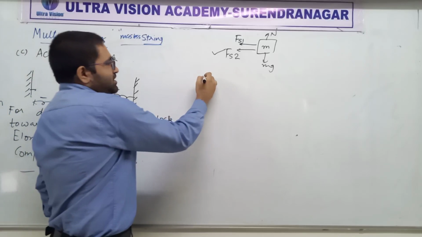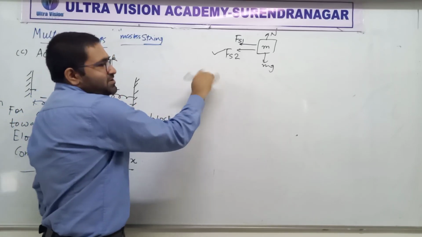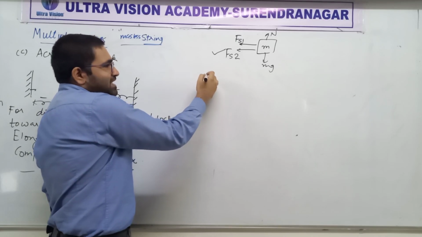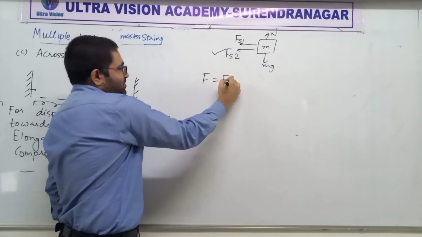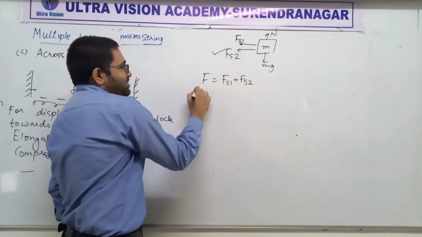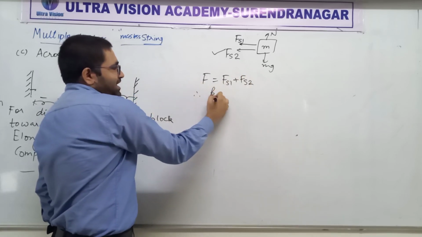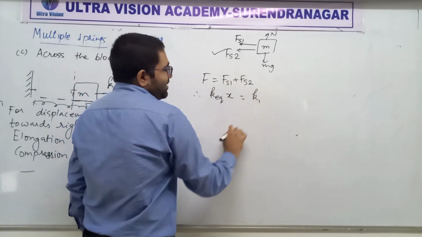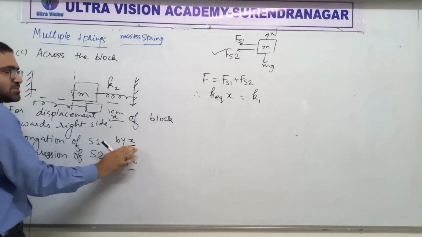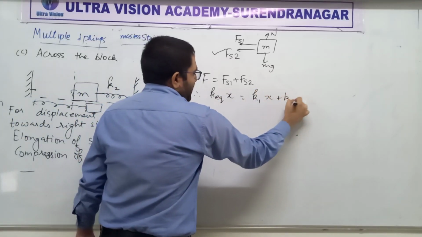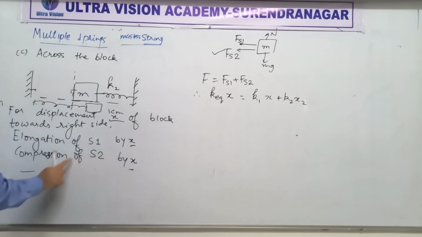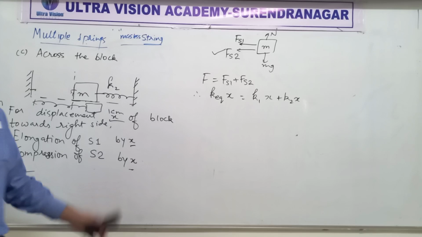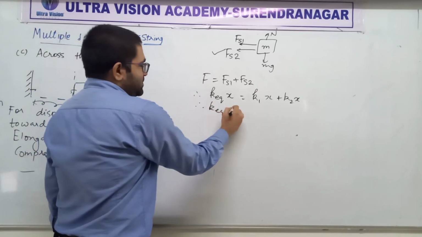So, if I replace both by an equivalent spring, if suppose there was only one equivalent spring, then do you realize that we will get F equal to Fs1 plus Fs2, just like we had in parallel? And instead of F, if I write K equivalent into X, I am not drawing everything again. And here you will get K1 X1, but X1 is X. And K2 X2, but once again X2 is X, because for the second spring also the compression is X. Clear? And we get same relation.